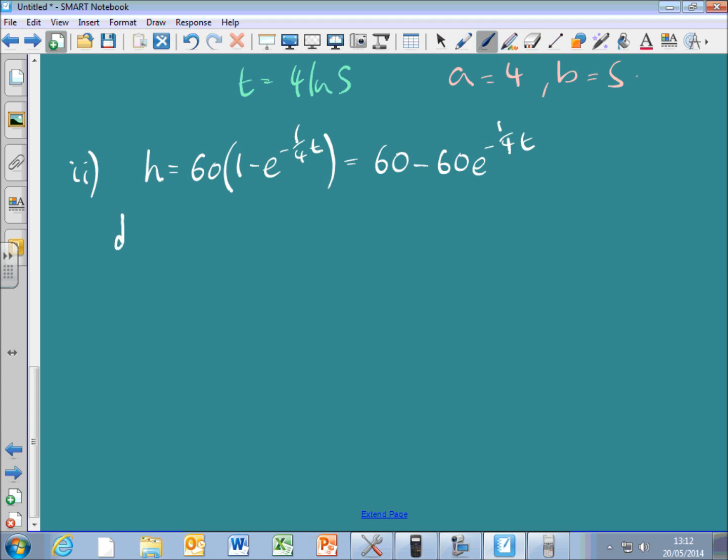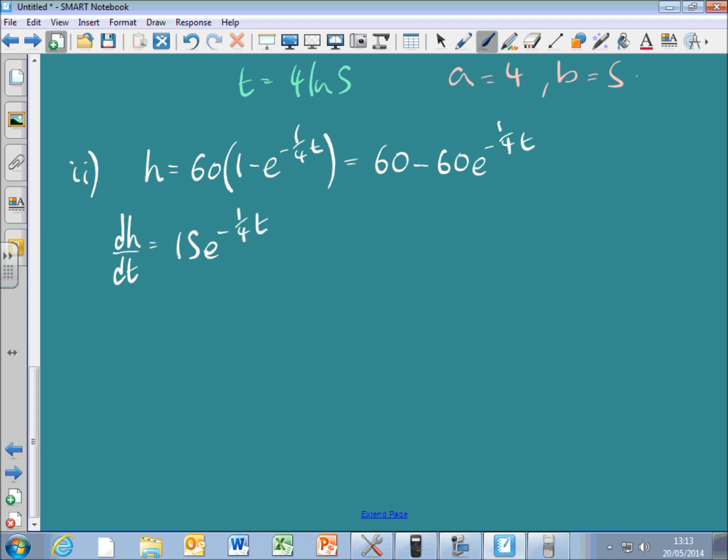So if I go through and I do dh dt, the differentiation of 60 goes to 0, and I'm going to get differentiation of minus 60 e to the minus a quarter. The minus a quarter is going to come down and give me 15 e to the minus a quarter t.